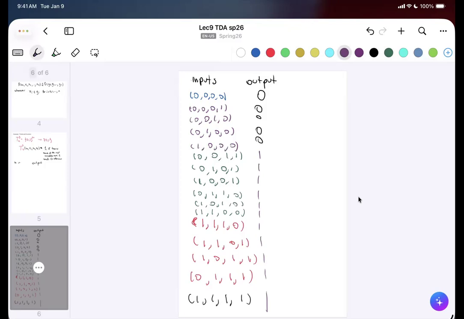And what it means to be monotone here is that, because you can think of each Boolean variable as on or off, true or false, if you take one of the input values and change a zero to a one, because that's the only way to increase the value of an input Boolean variable, then the value of the function should be higher or the same.